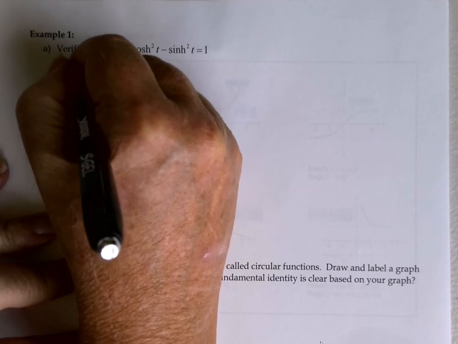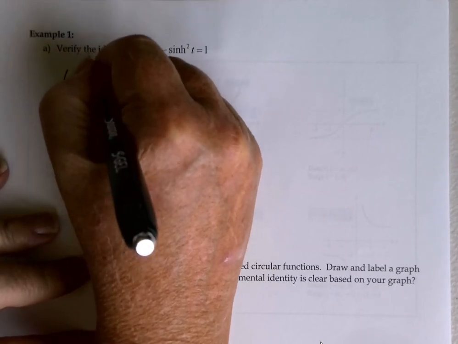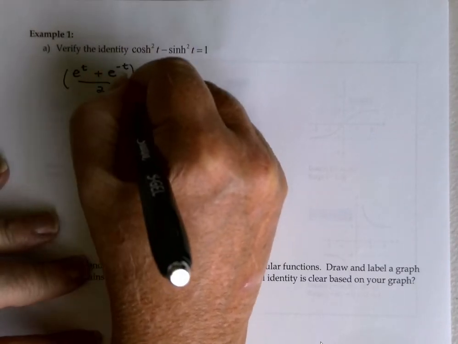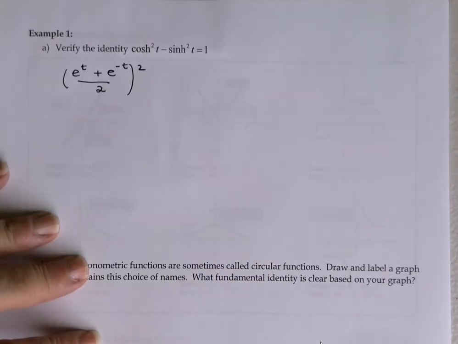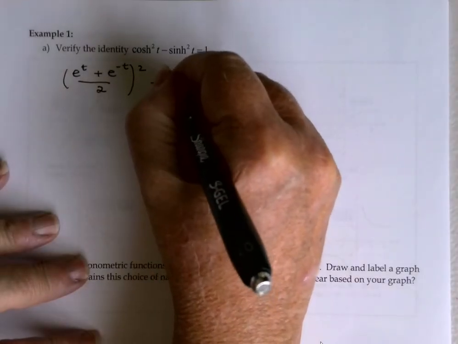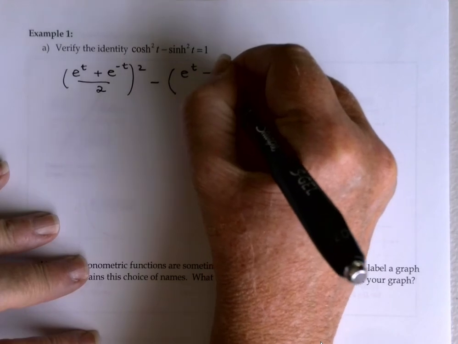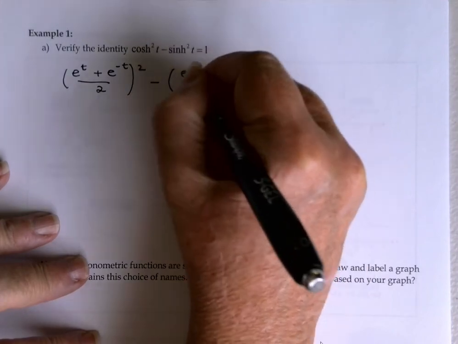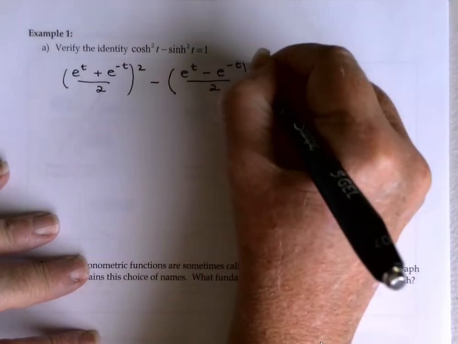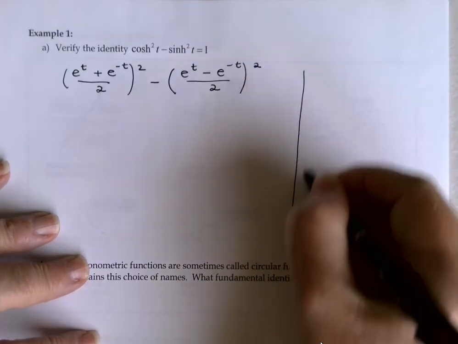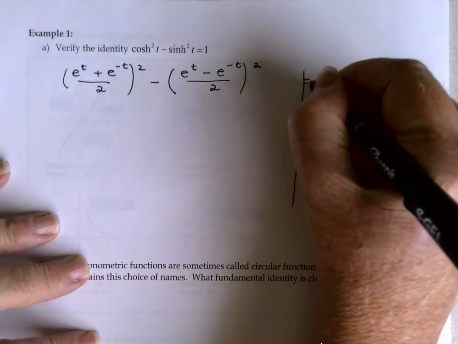So that would be e to the t plus e to the minus t over 2, squared for cosh squared t. And then for sinh squared t, I'll have e to the t minus e to the minus t over 2, squared. And I want to prove that that equals 1.